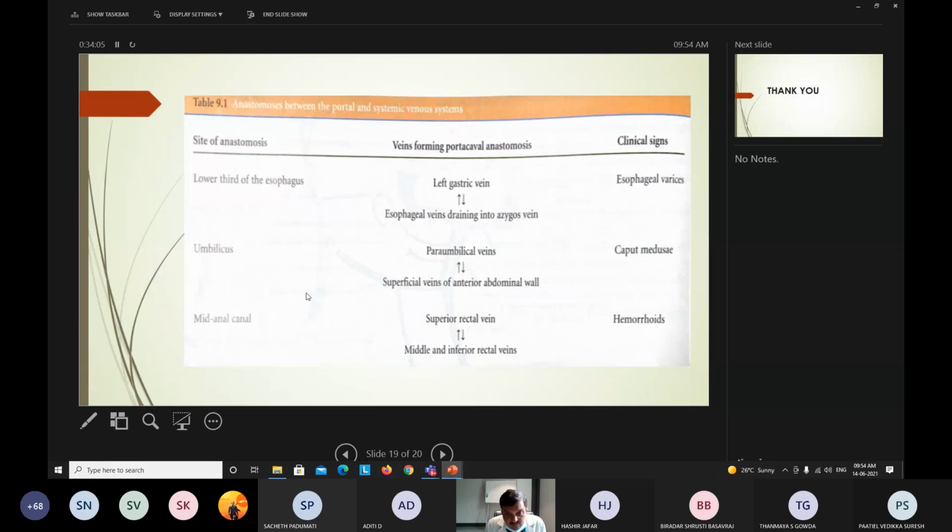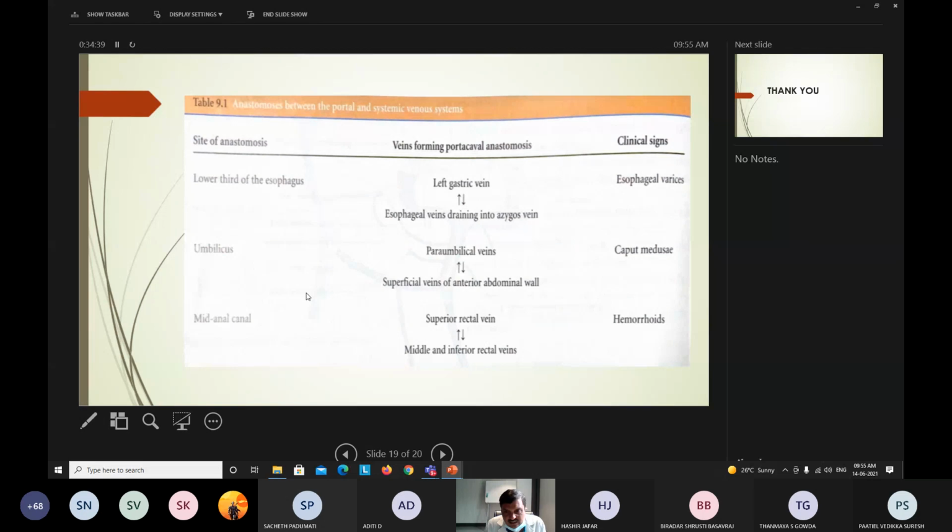Portal hypertension may be due to causes in the liver, that is cirrhosis of the liver and related conditions. The second cause is obstruction in the course of the portal vein. When there is a portal obstruction, these sites open and establish collateral circulation. This leads to dilatation and varicosity of the veins and leads to various clinical signs.